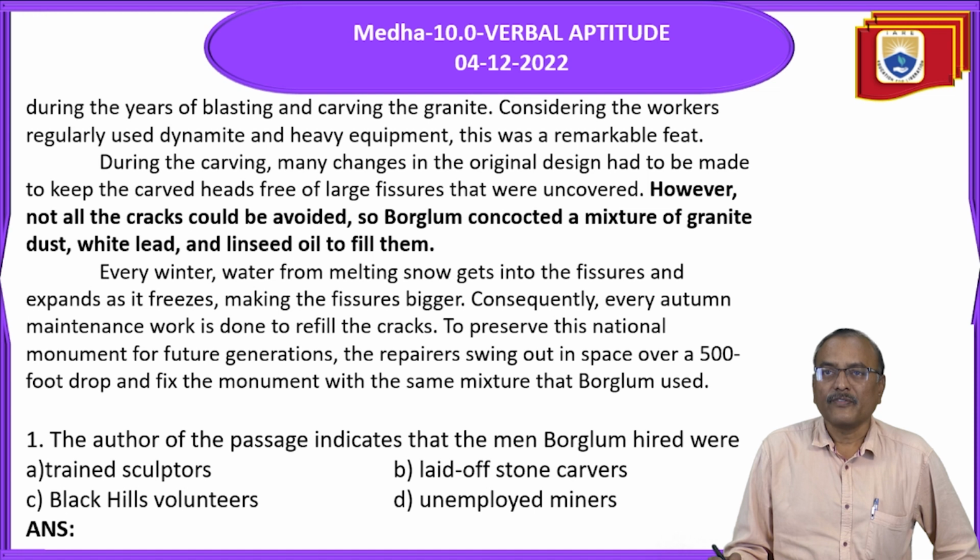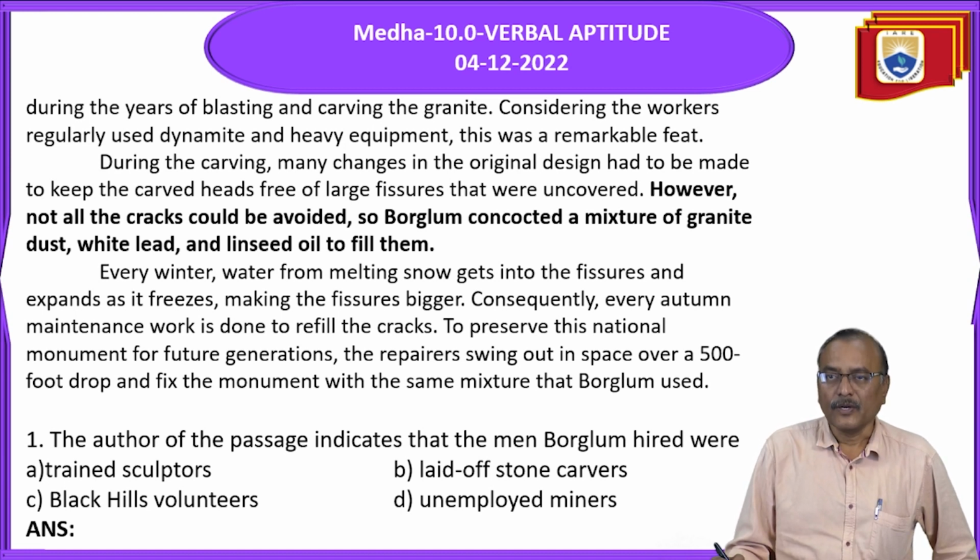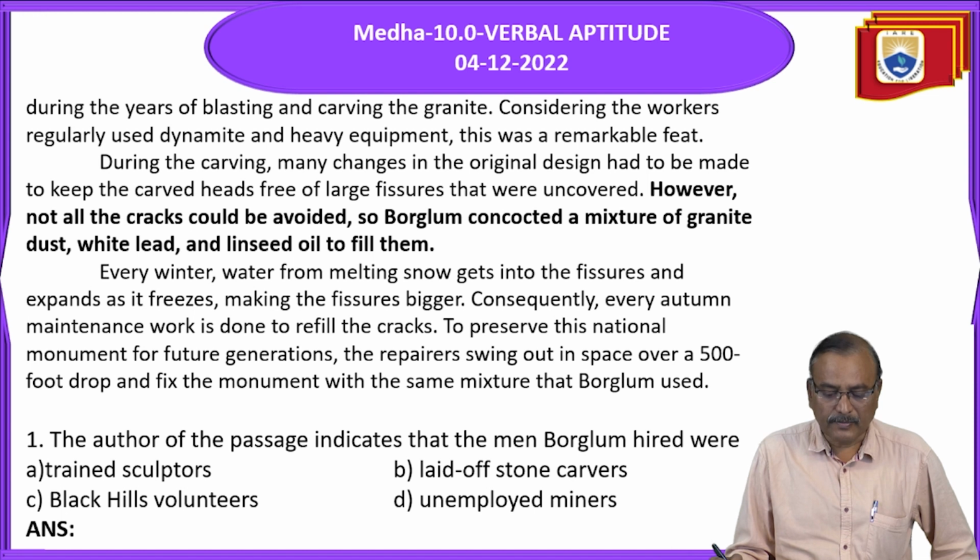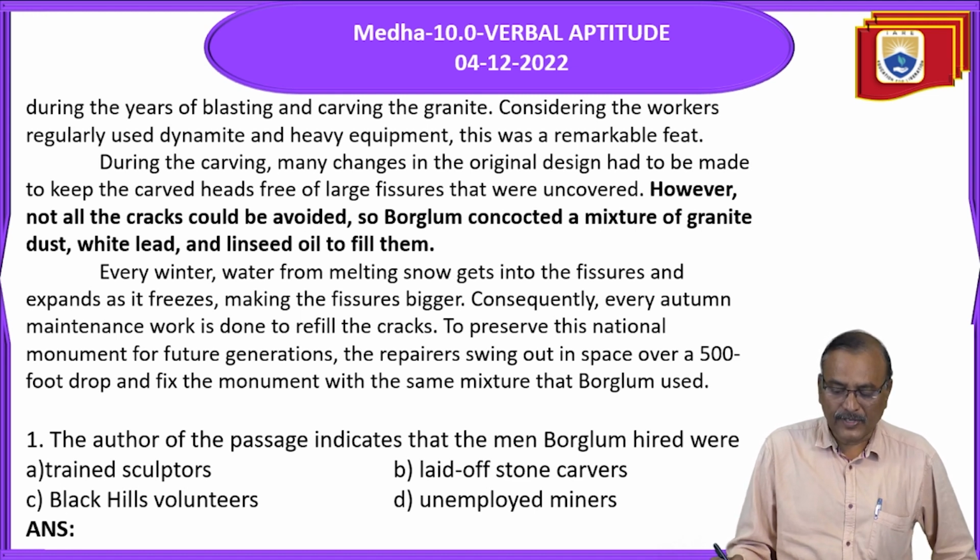Every winter, water from melting snow gets into the fissures and expands as it freezes, making the fissures bigger. Consequently, every autumn maintenance work is done to refill the cracks. To preserve this national monument for future generations, the repairers swing out in space over a 500-foot drop and fix the monument with the same mixture that Borglum used.